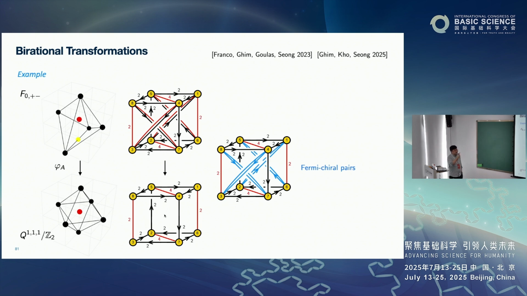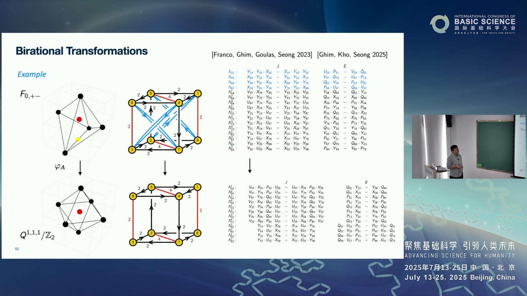And removing these Fermi-chiral pairs in the 2D (0,2) theory is basically equivalent to mass deformation in the 2D (0,2) theory. I can add mass terms associated to the chiral field in each of these Fermi-chiral pairs into the J and E terms, and under these mass terms, which I can then integrate out, I end up with a new set of J and E terms that correspond to the new 2D (0,2) theory under this birational mapping.